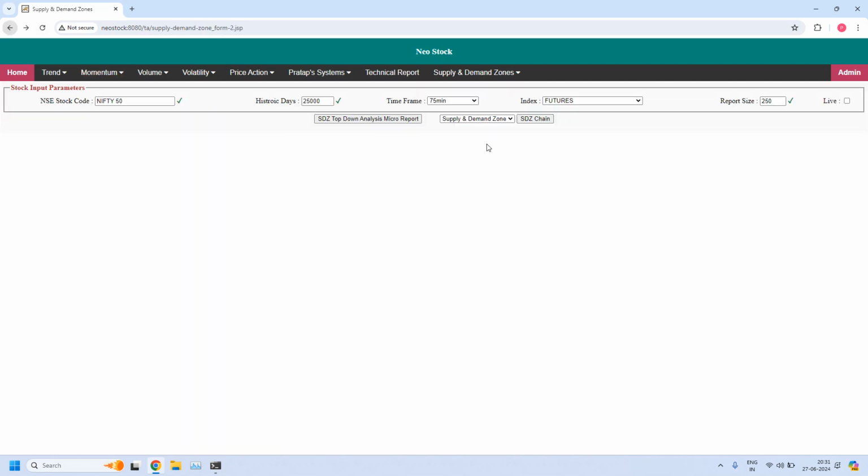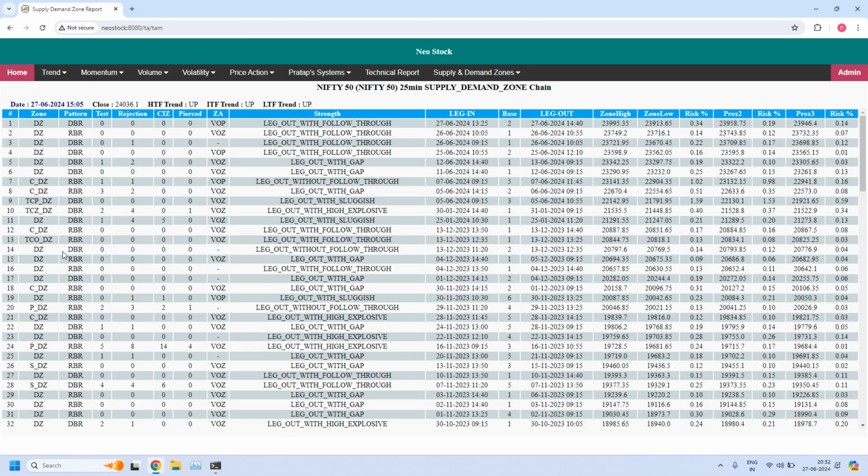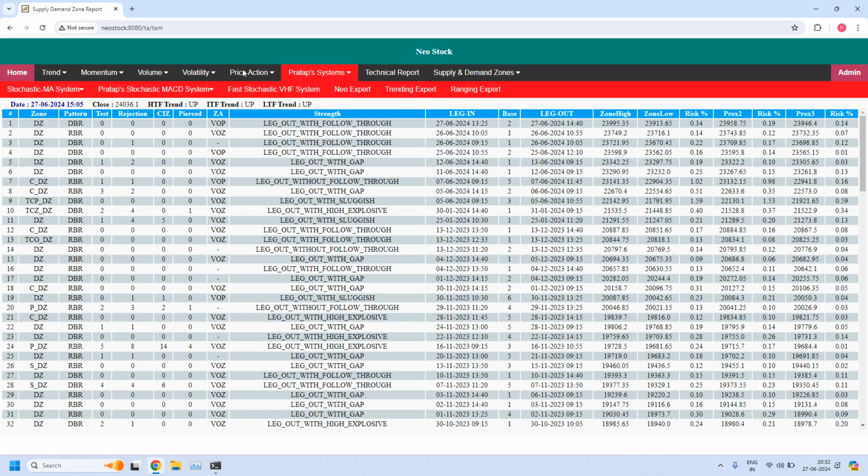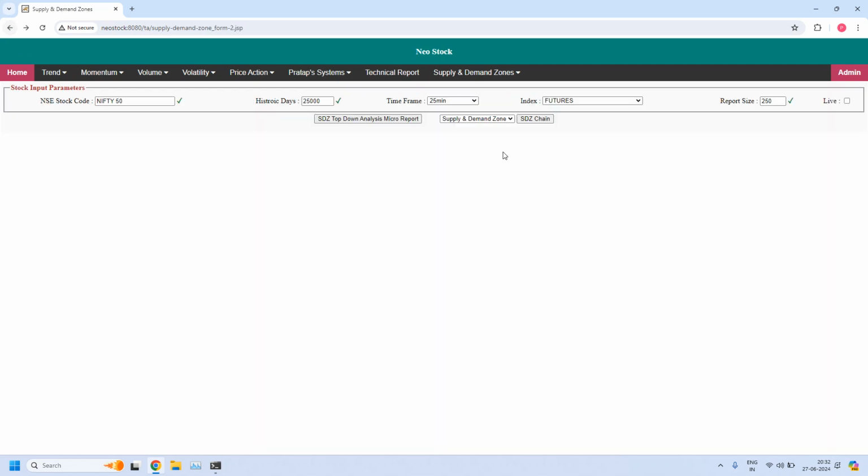Okay, I am changing the time frame to 25 minutes. Let me generate the chain for 25 minutes time frame. So this is the 25 minute supply demand zone chain, and a new 25 minute zone is created, and it is a normal demand zone. So I am going back, changing the time frame to 15 minutes.